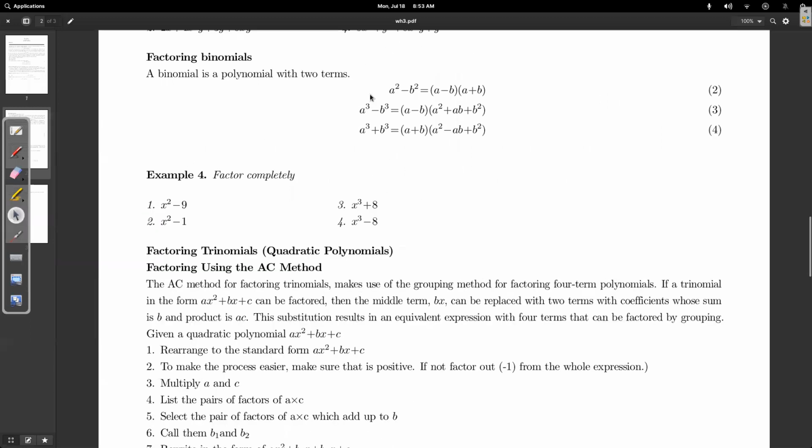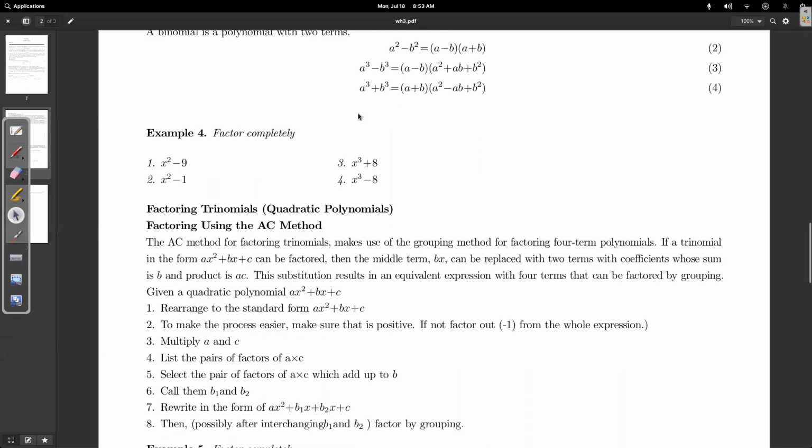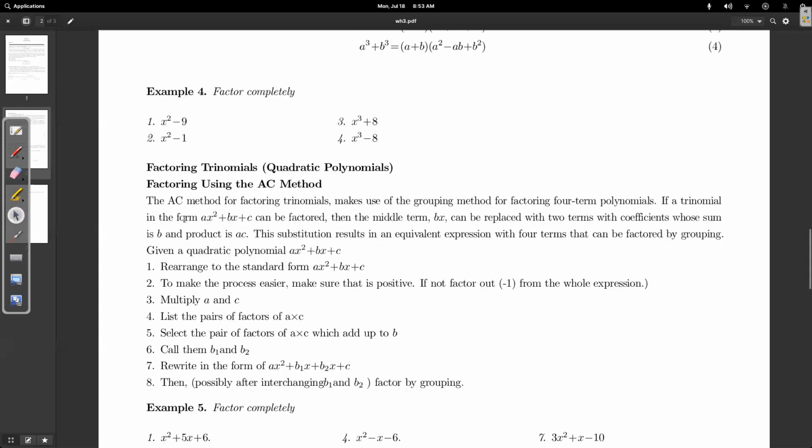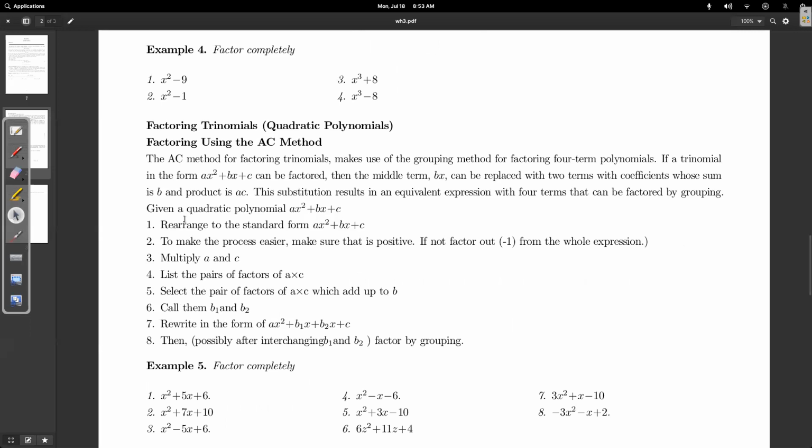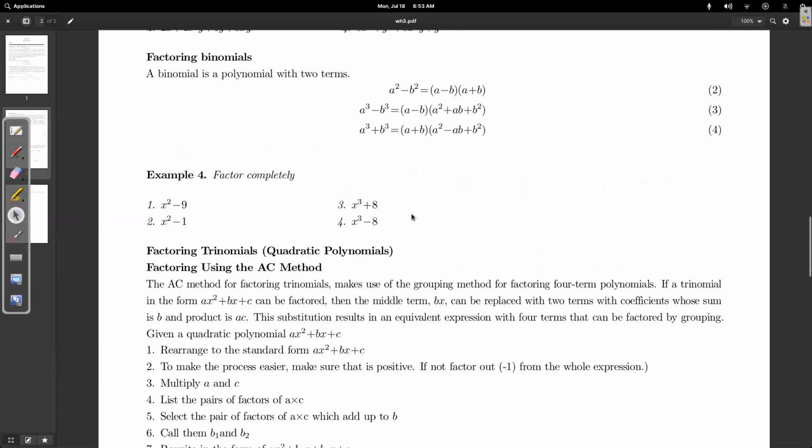Okay, then this one. I'll do this one example. Example 4. Here we have these three formulas.